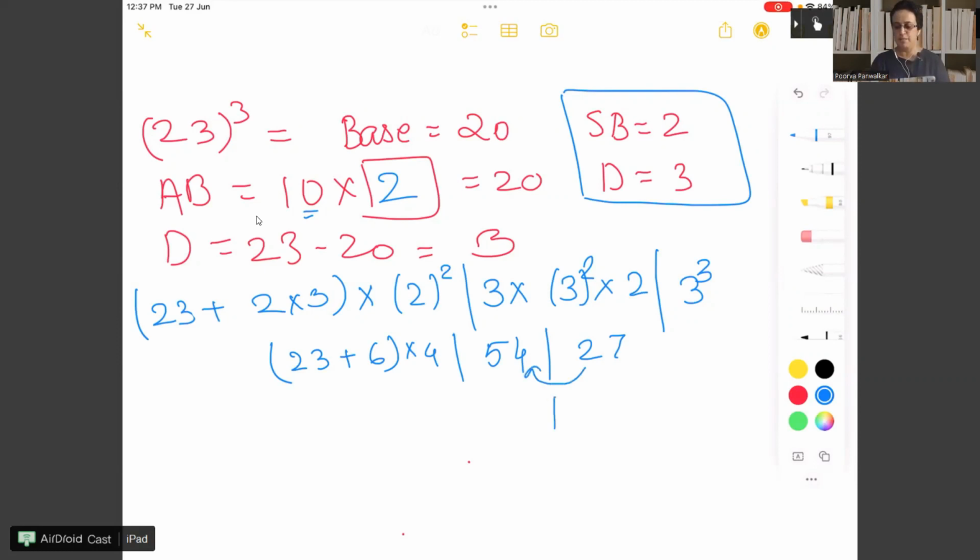So my first term becomes 7. My second term, which is 54, becomes 54 plus 2, which is 56. And again, this 5 will be further added on this side. So 23 plus 6 is 29 into 4.